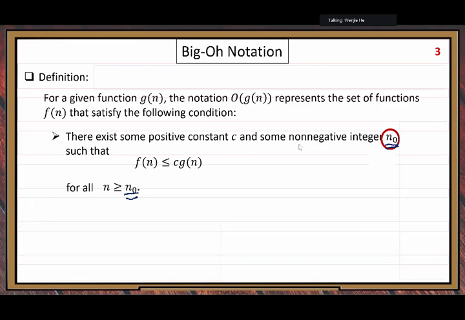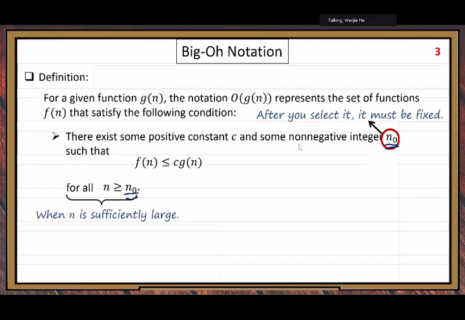But sometimes people want to get around this n0 notation, so they say "when n is sufficiently large." When people say that, then we do not need to mention n0.